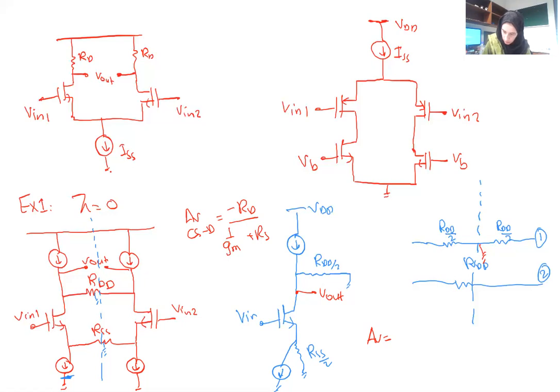It is minus RDD over 2 divided by 1 over GM. My RS here is RSS over 2. And this is the gain for the entire differential amplifier. Any question on this? Okay, we can move further.